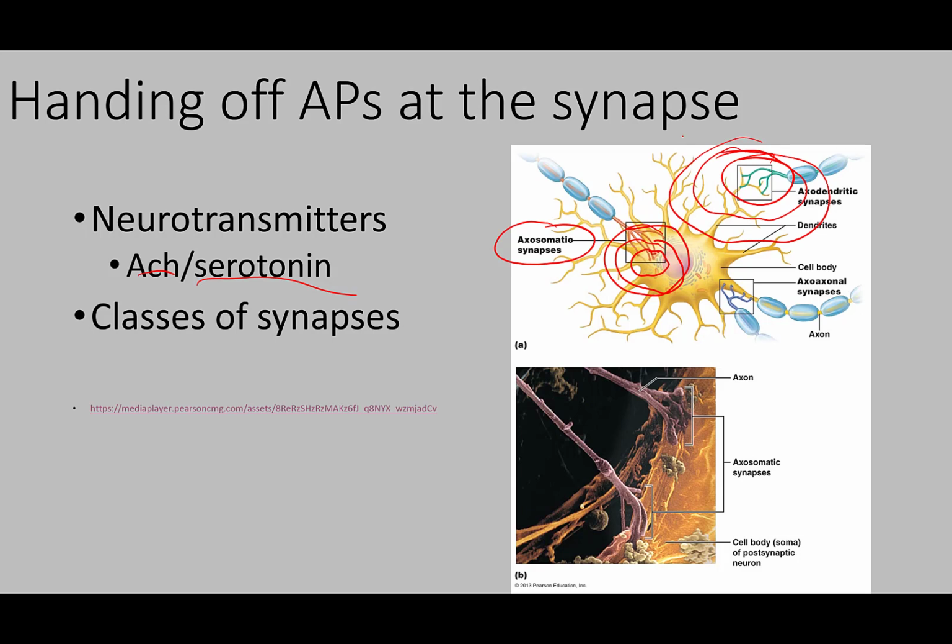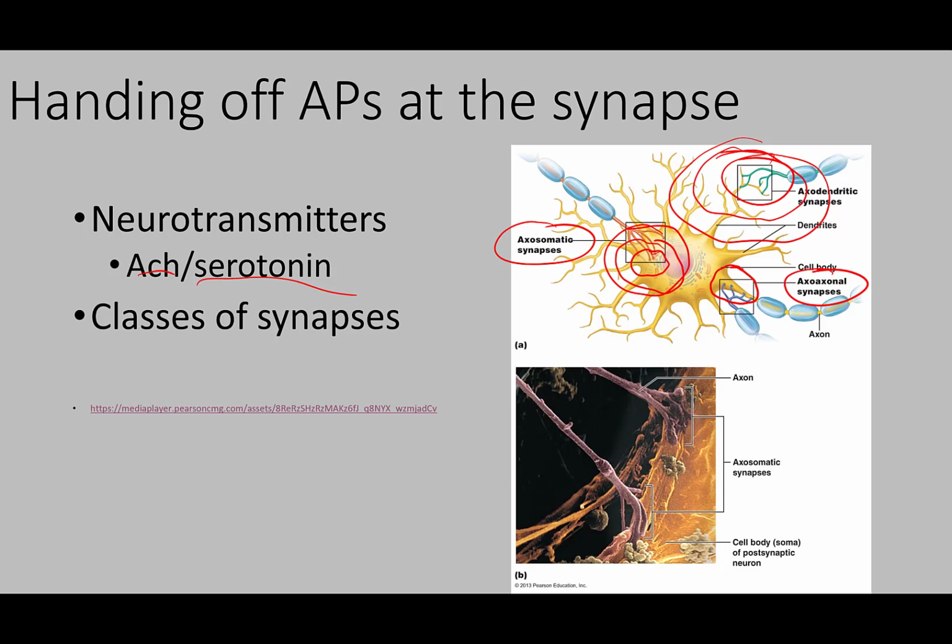But I did not say that it was the same as an axo-axonal. And that's because right here, what is this guy? The axon hillock. In all three of our lectures, we have said that the job of the axon hillock is to determine whether or not an action potential will be sent.